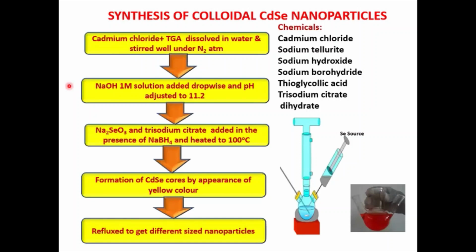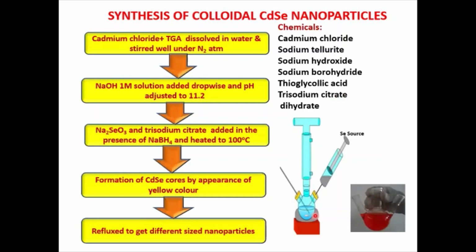First, you take the cadmium chloride and thioglycolic acid into the three-neck flask. On one of the arms, as I said earlier, we supply nitrogen gas, and then heat that to close to 100 degrees, wherein we introduce selenium, which has already been dissolved in thioglycolic acid, slowly through another arm by syringe.